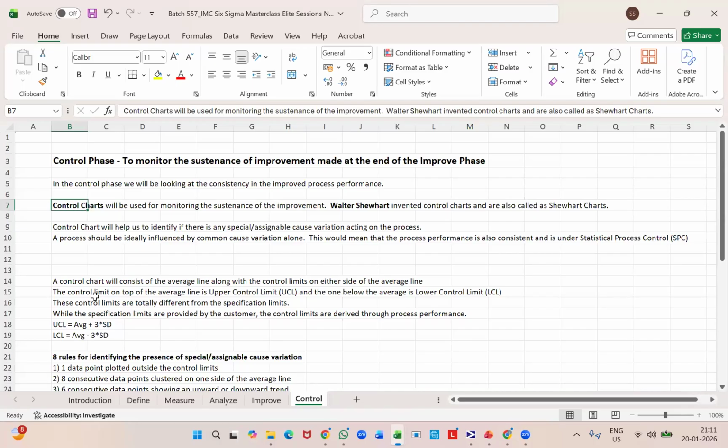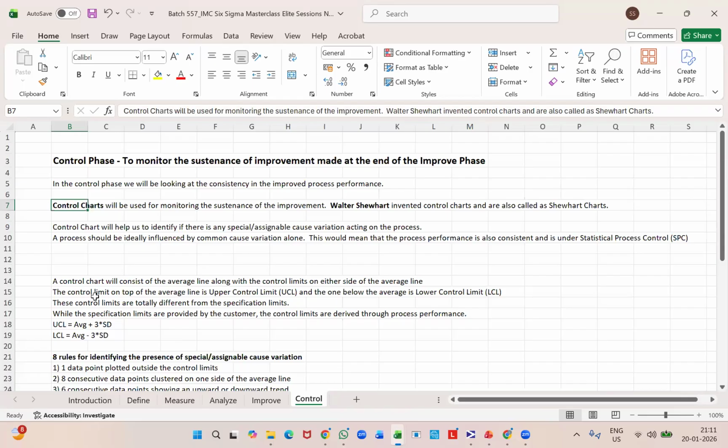So as part of the control chart exercise, we'll be looking at whether the process is influenced by any assignable or special cause variation, right? So if they are asking you what is the primary objective of using a control chart, we need to pick the option that the control chart is used for identifying the presence of any special or assignable cause variation acting on the process, right?